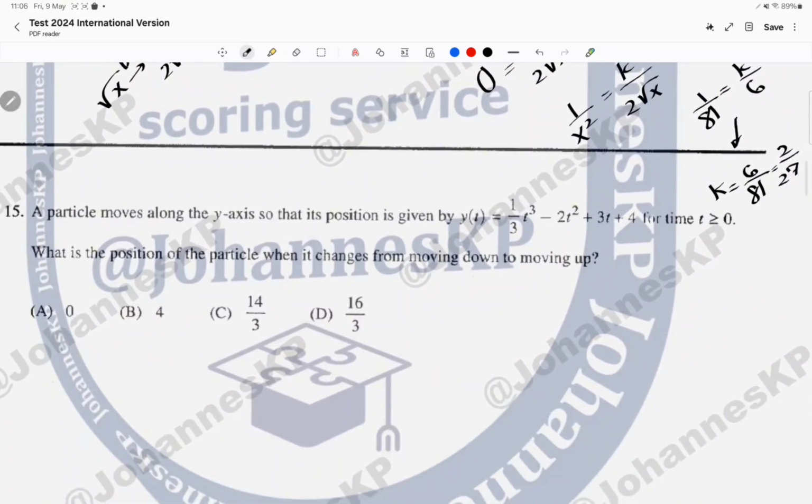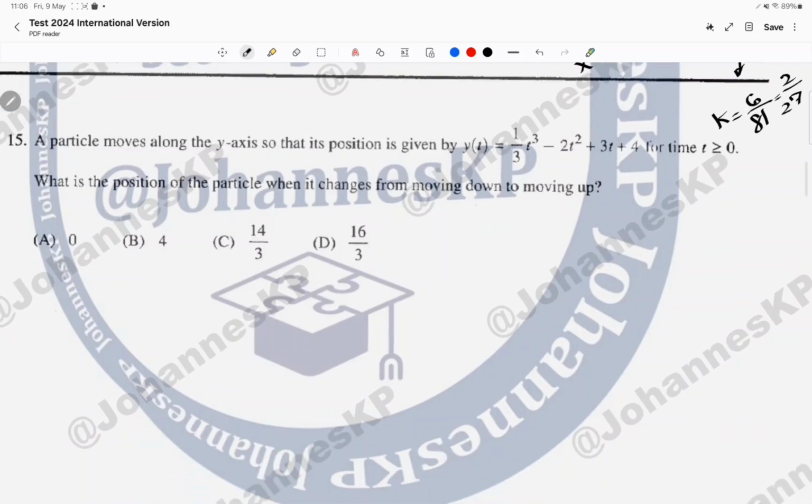15. A particle moves along the y-axis, so its position is given by this equation. That's the position equation. What's the position when it changes from moving down to moving up? So do you know what that means, moving down to moving up? Moving down means the velocity is negative.